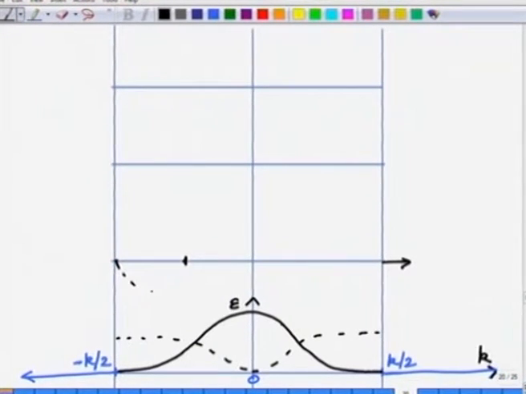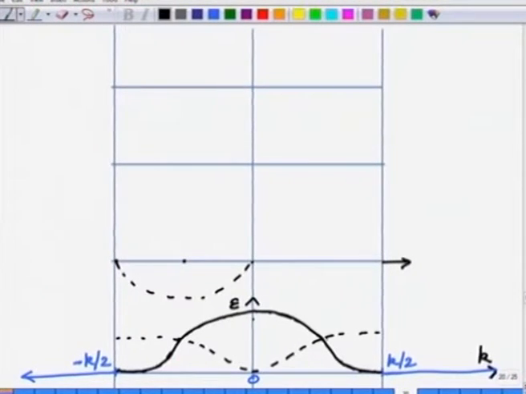So, it goes something like this, goes through a maximum here and then goes through a behavior like this, and around here, corresponding to this point, is where we will go through a maximum. So, this is the nature of velocity corresponding to the dash curve, where it is 0 here, it is 0 here, it is 0 here, and similarly I can draw it for the solid lines also.